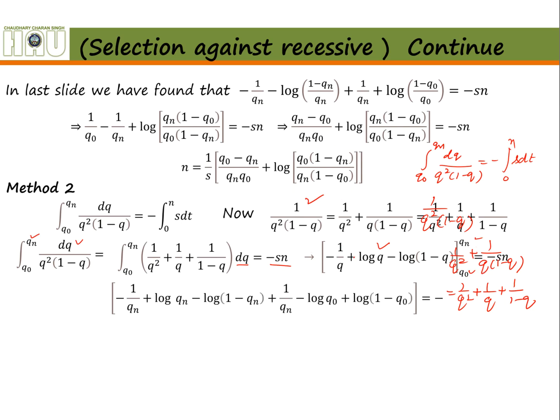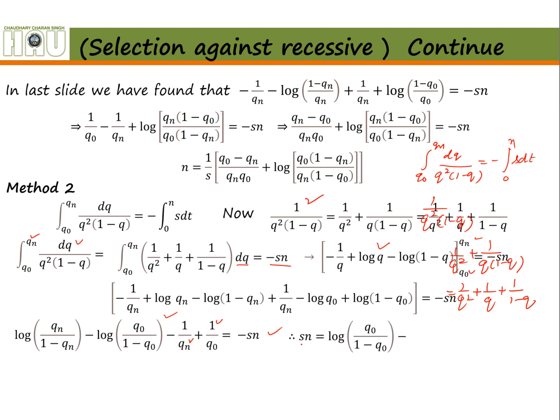So after simplification, all these simplifications I have already mentioned, you will get log of qn upon 1 minus qn minus log of q0 upon 1 minus q0 minus 1 upon qn plus 1 upon q0 is equal to minus Sn. And your Sn becomes log of q0 upon 1 minus q0 minus log of qn upon 1 minus qn plus 1 by qn minus 1 by q0.